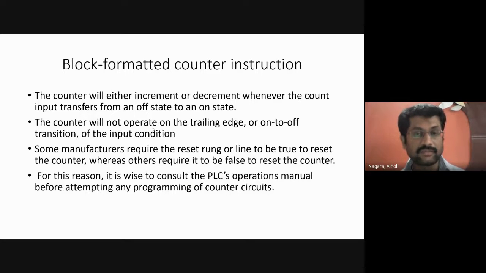For this reason, it is wise to consult the PLC's operations manual before attempting any programming of counter circuits, because we don't know how the manufacturer has programmed it, whether the rung is activated on the false to true state, or on the true to false state. We will come to know only when we refer to the manual.